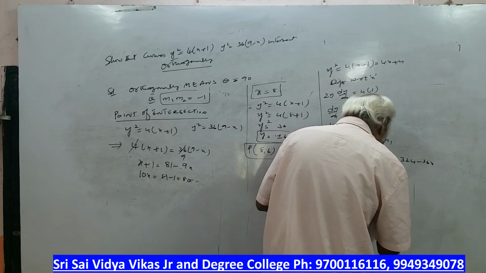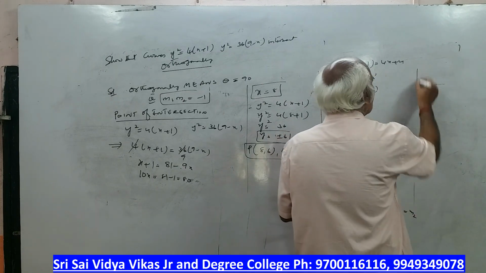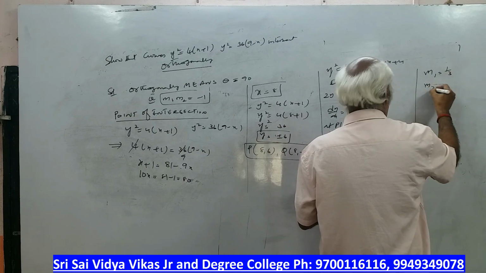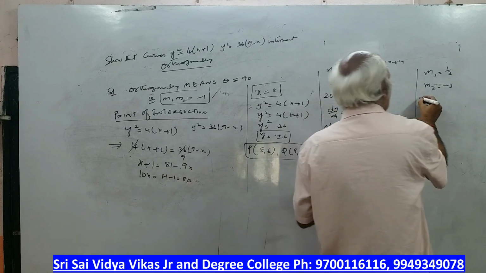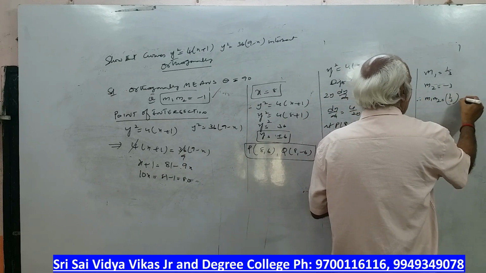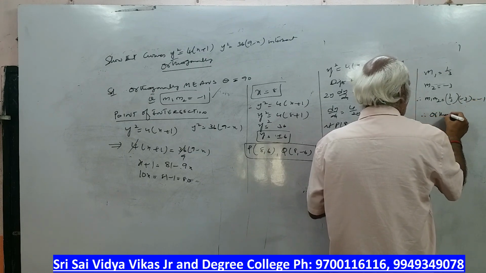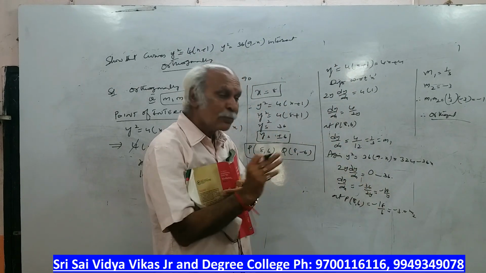So minus 18 by 6, minus 3, m2. So m1 is equal to 1 by 3 and m2 is equal to minus 3. I told you what we require. Now m1 m2 is equal to 1 by 3 into minus 3. How much do we get? Minus 1. Therefore orthogonal. We have proved m1 m2 is minus 1.